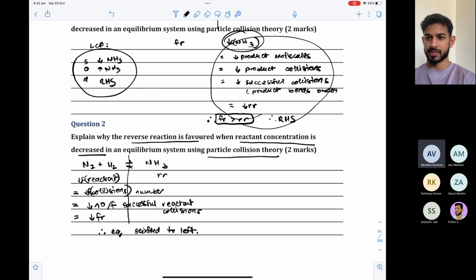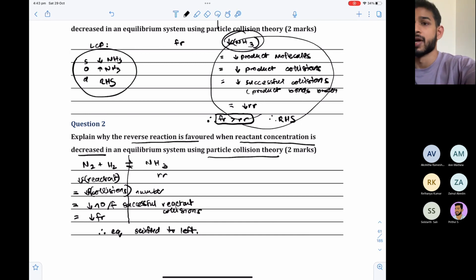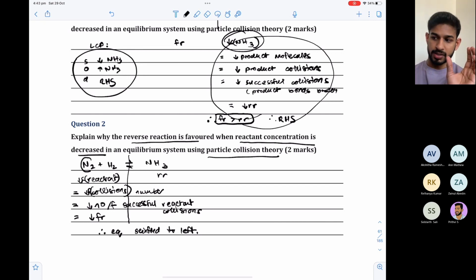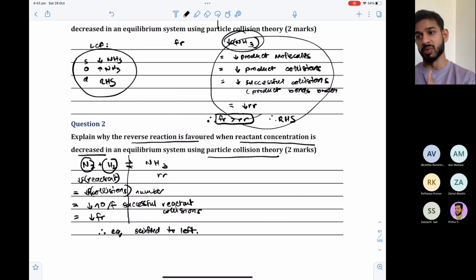Could you explain the forward and reverse reaction bit of the question again? Sure. When we talk about the forward reaction, what I'm talking about is the number of reactant molecules, nitrogen and hydrogen, that will collide successfully to form ammonia.